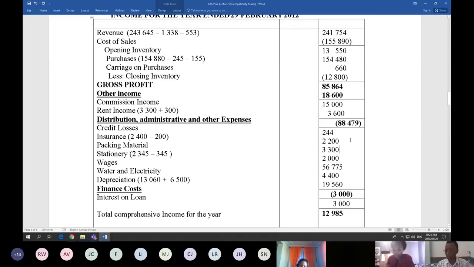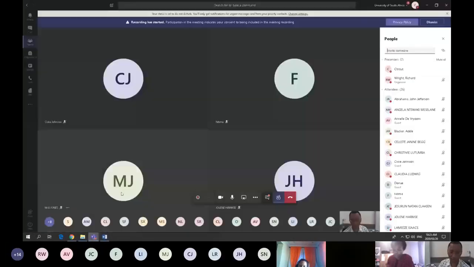Just one small point, guys. The 12,985, you first calculate that amount and then you do the label. That 12,985 is a positive amount. And because that is a positive amount, we will label it as the total comprehensive income for the year.